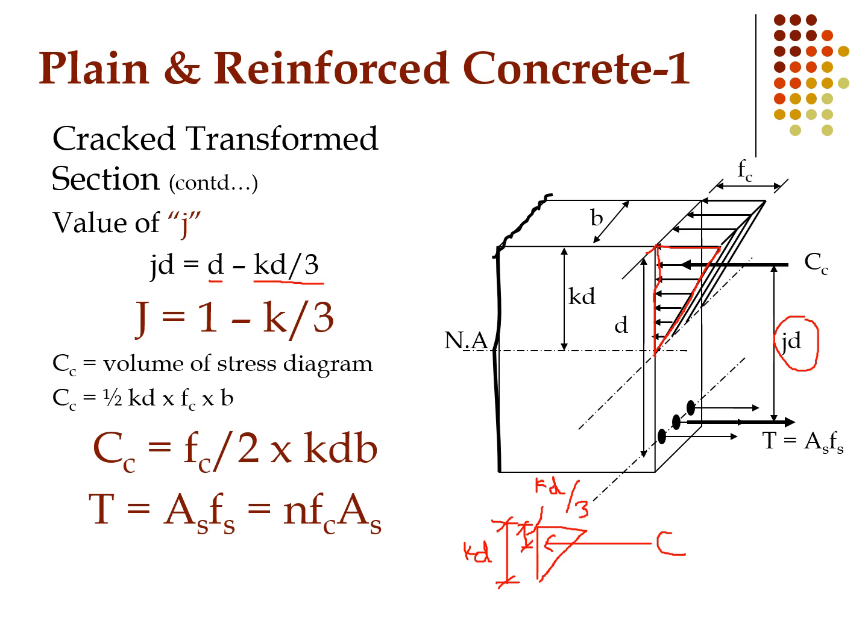So jd is d minus kd by 3, or in other words, j is equal to 1 minus k by 3.